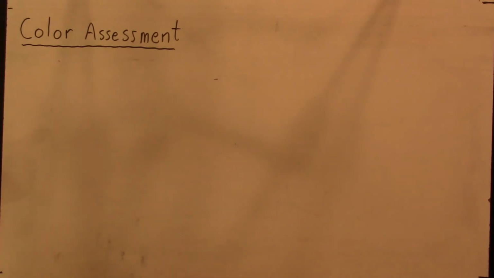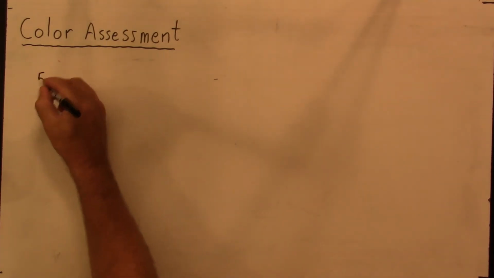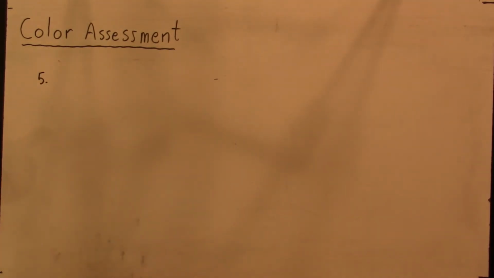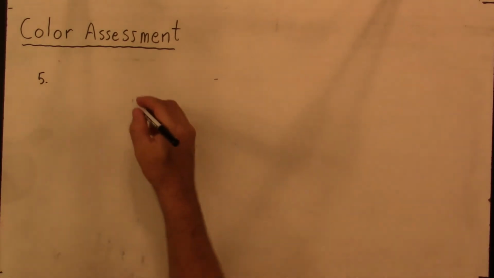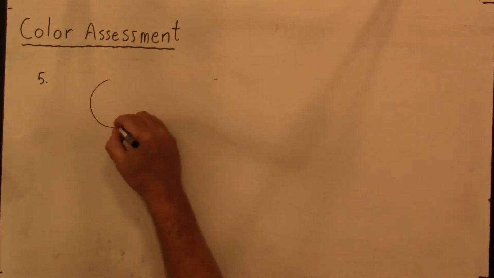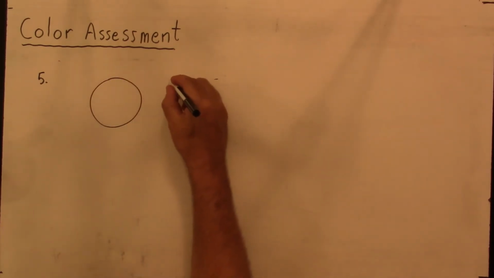All right, let's look at number 5. Number 5 says, which color combination is not correct? Okay, which color combination is not correct? Well, first one says, do red and blue give us magenta? All right, so a lot of times you see this, and you can look online for this, but it has 3 overlapping circles.